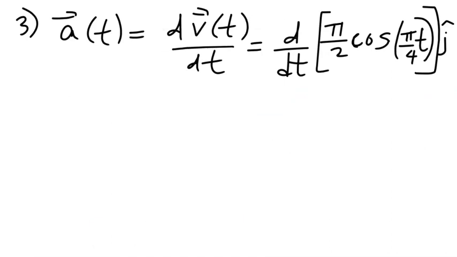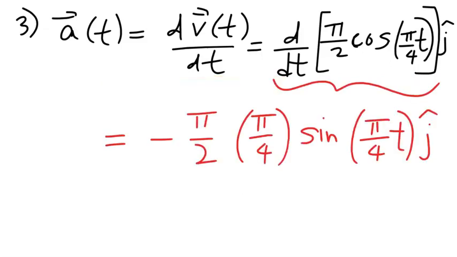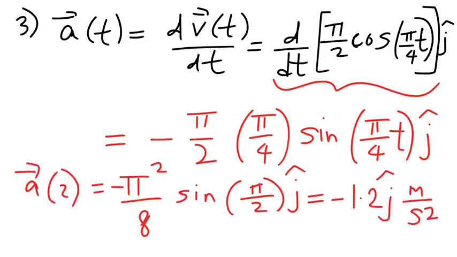Next, the instantaneous acceleration, which is given by the shown expression here. Using calculus, one obtains the following. Now substituting t equals 2, one gets the final answer as minus 1.2 j hat meter per second squared.